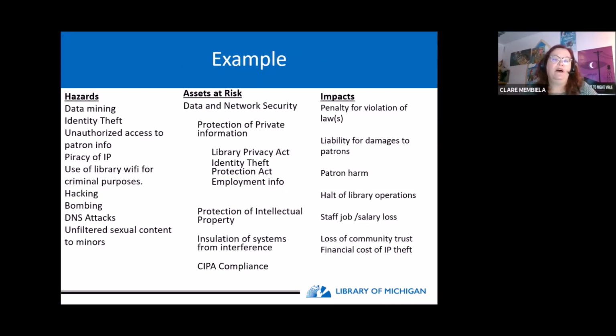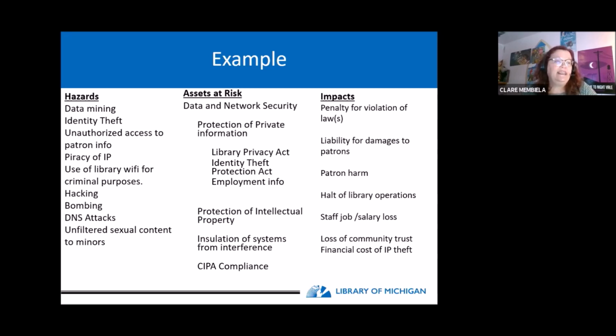So here's an example of a risk assessment. If we talk about technology, cybercrime and data security, what are the hazards? Well, you have data mining, where people go in and try to steal information out of your networks.